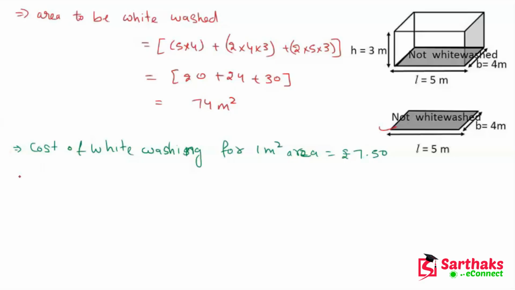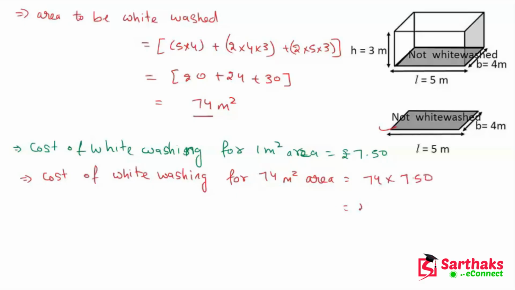So the cost of whitewashing for 74 meter square area is equal to 74 into 7.50. After solving this we get 555 rupees. Okay, so this is the total cost of whitewash. I hope you get this point.